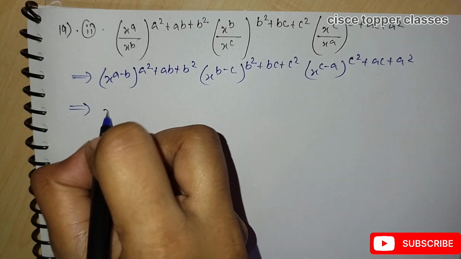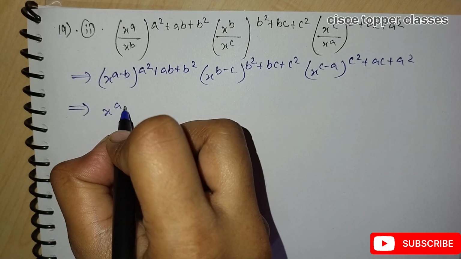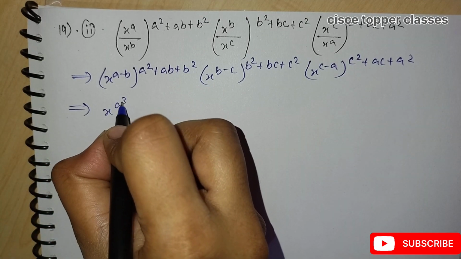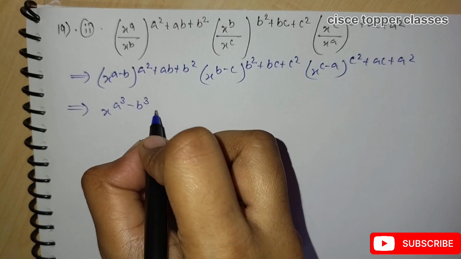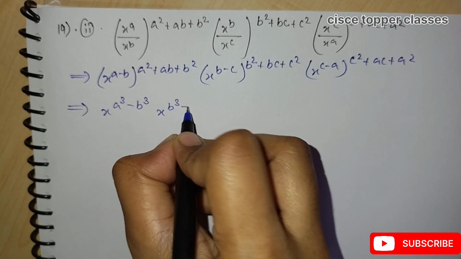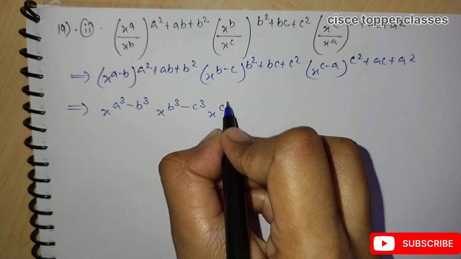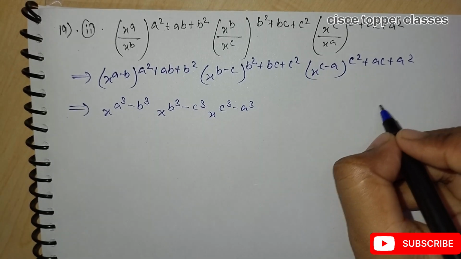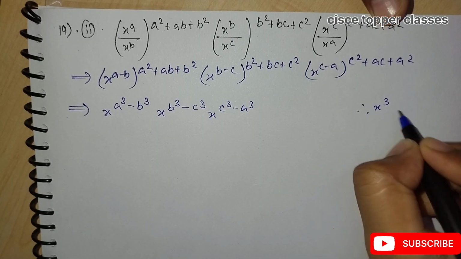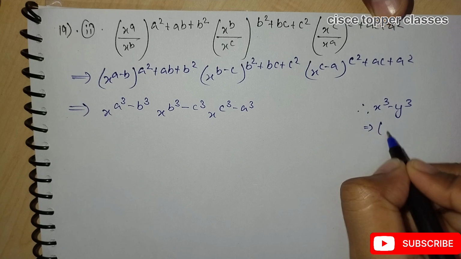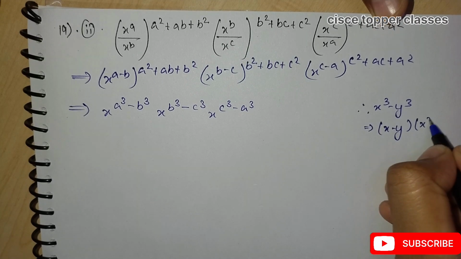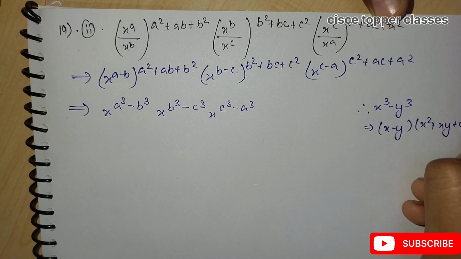Now we can write this part as x^(a³ − b³) here, x^(b³ − c³) over here, and x^(c³ − a³), because we are using the formula x³ − y³ = (x − y)(x² + xy + y²).